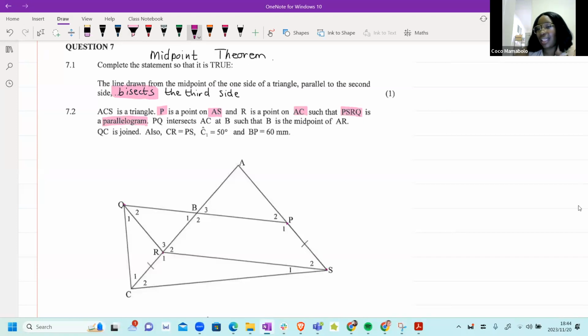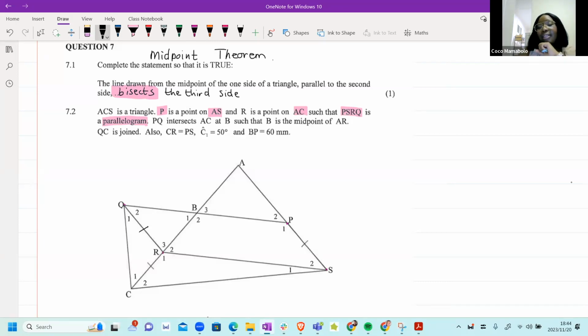Not at 90. That's only in a rhombus, Pascal. Good. PQ is equal to QR. Beautiful. That's it. Not PQ. I always say good before I read the whole sentence. Yes. Remember, it's a parallelogram, so PS must be equal to QR.